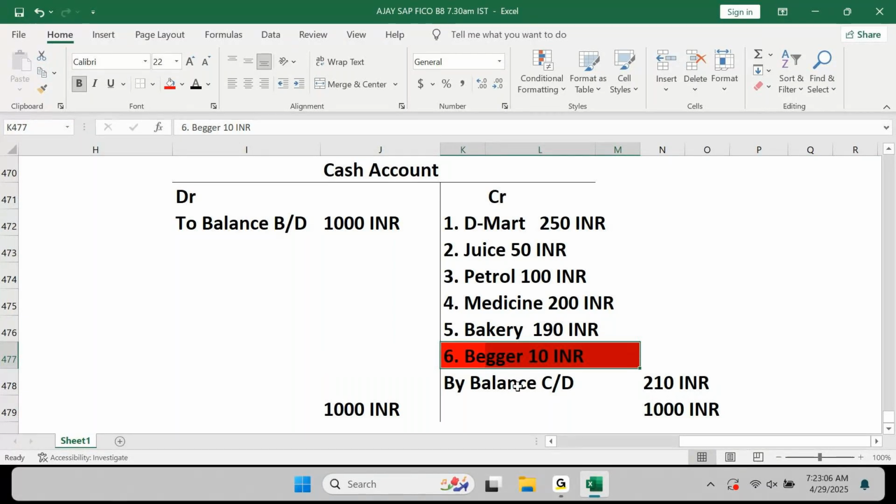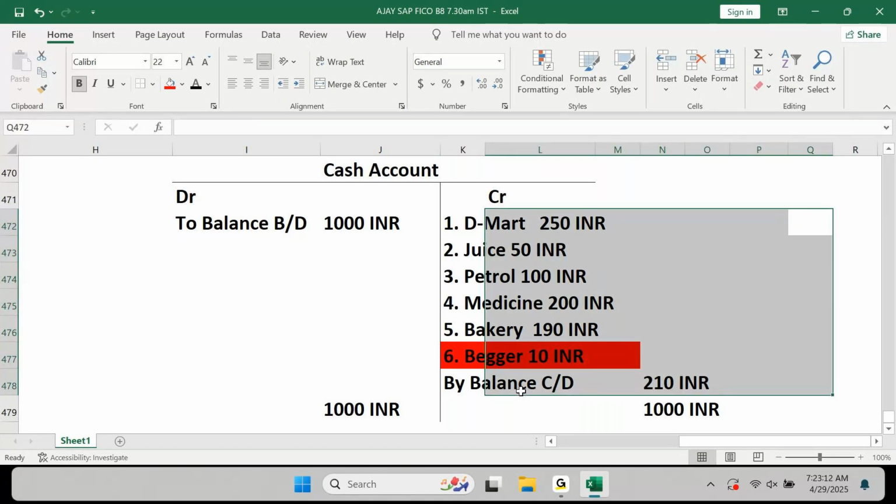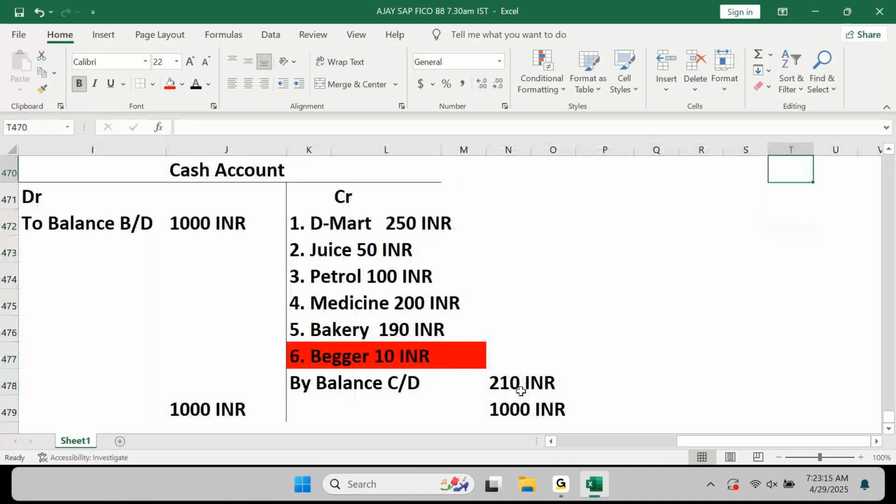Now, when you prepare a trial balance, trial balance contains account closing balance. Am I correct? Yes.